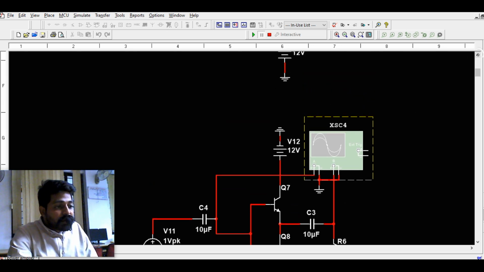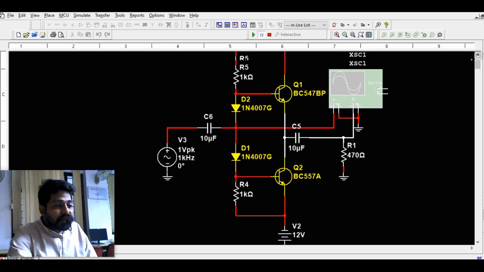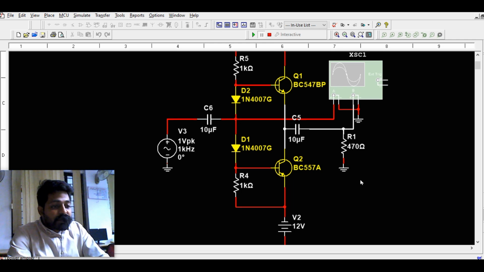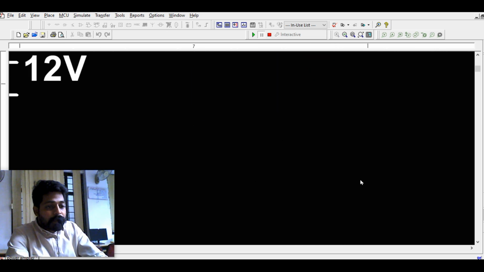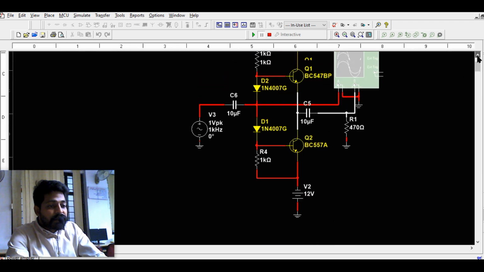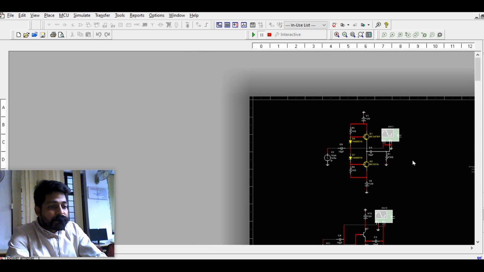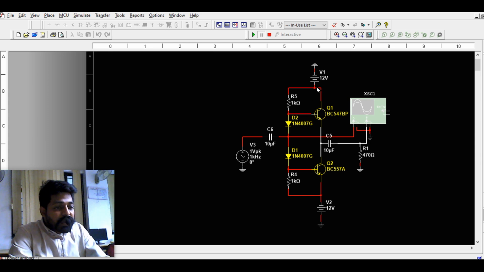One more thing: we can eliminate the crossover distortion by giving some kind of biasing. We call this a class AB power amplifier, not a class B power amplifier. So what I do is take an R4, R5, R4 network through which I give biasing to the two diodes, so that these two diodes are always in the forward.